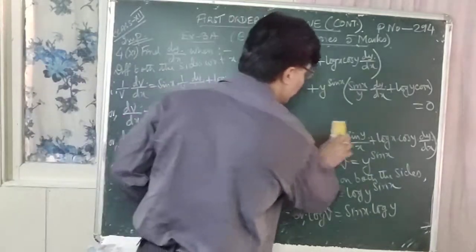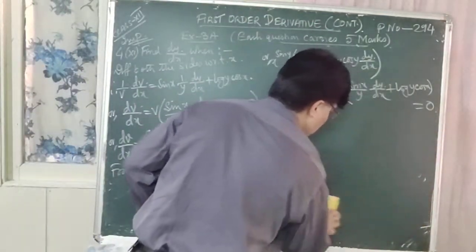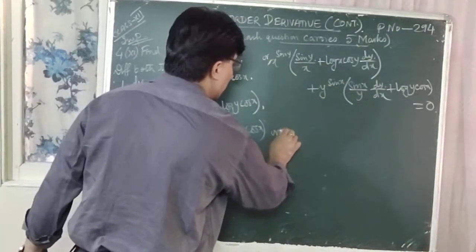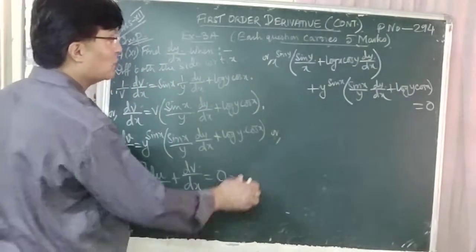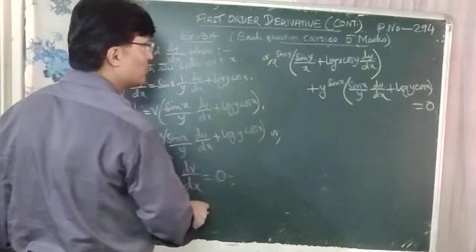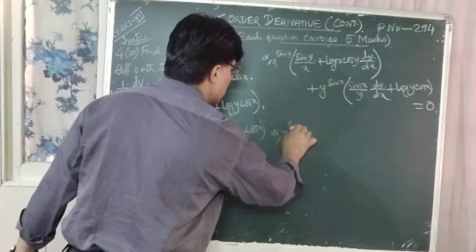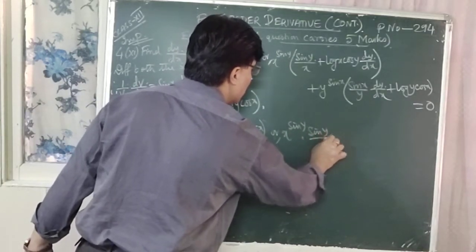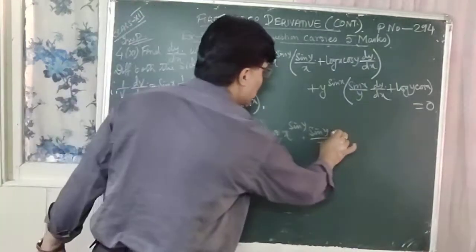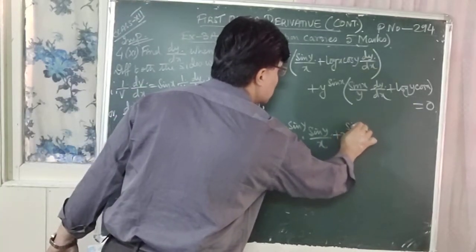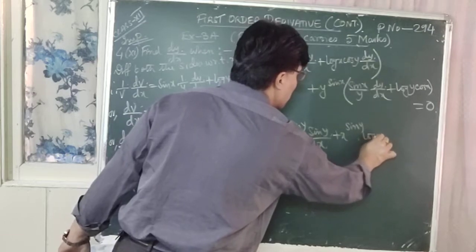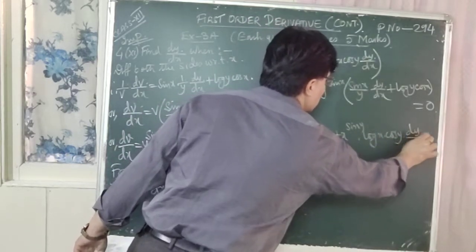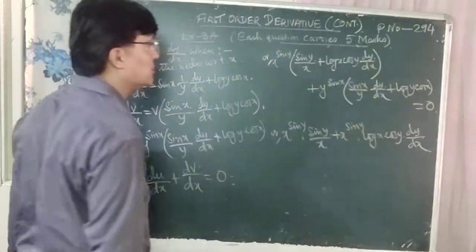Let us simplify it further now. Multiply this expression by x to the power sin y. So it is x to the power sin y into sin y upon x, plus x to the power sin y into log x into cos y into dy by dx.